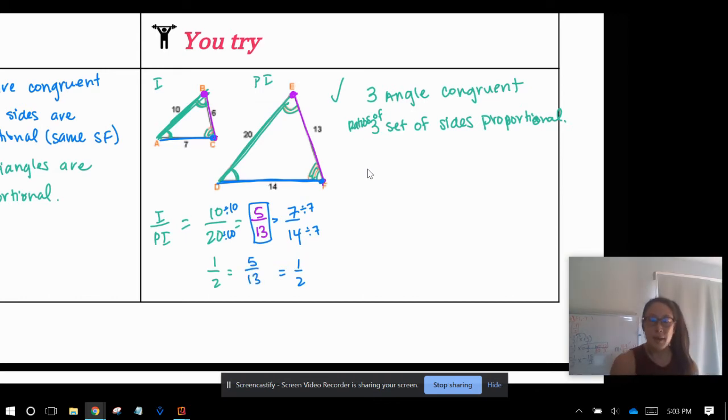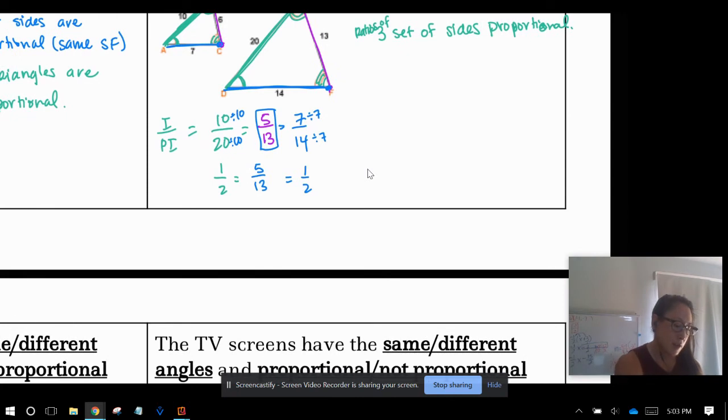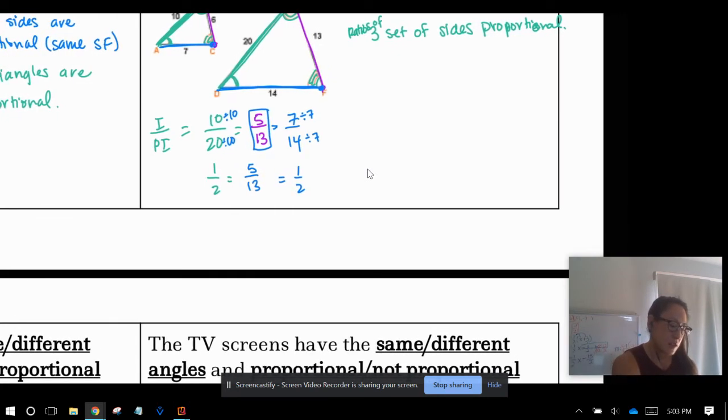When I type these into my calculator to get a decimal, I get 0.5. 5 over 13 is a long decimal, 0.384, it goes on forever, so I'm going to put dot, dot, dot. And then this last fraction is also 0.5.